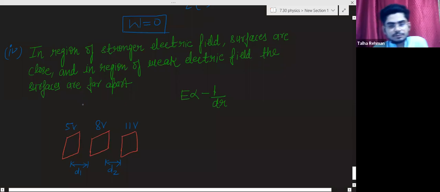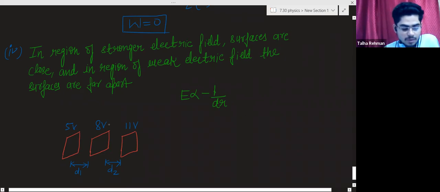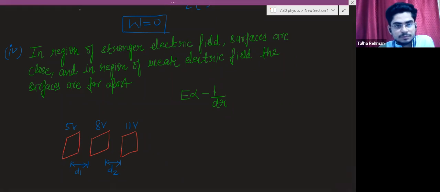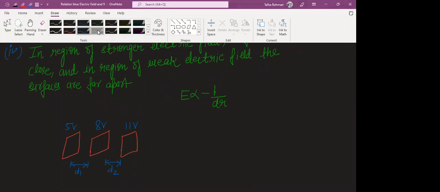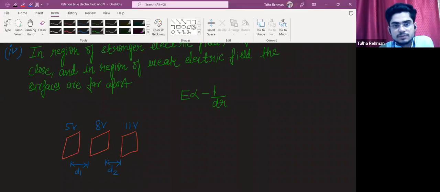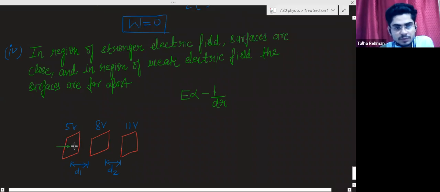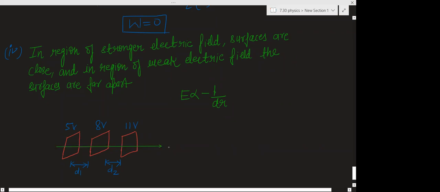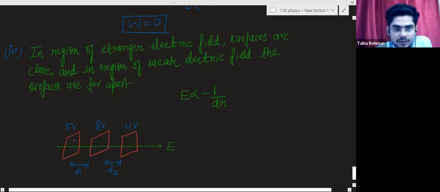Here is an electric field which is increasing in this direction. I can draw it like this. This is surface 1, this is surface 2 and this is surface 3.